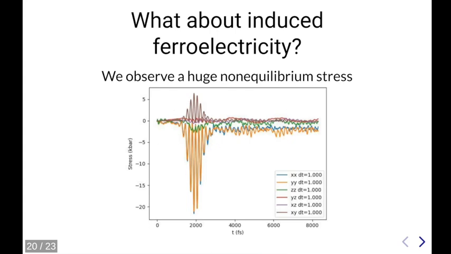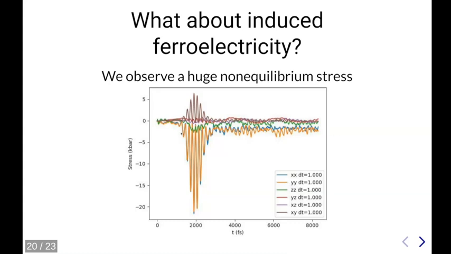Here is where the pump arrives, and you can see all the components of the stress tensor. As you can see, there is a huge stress of up to 2 gigapascal when the pump arrives.